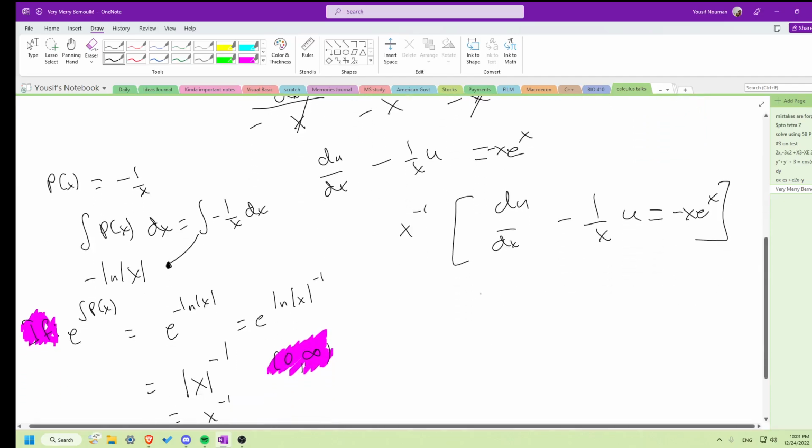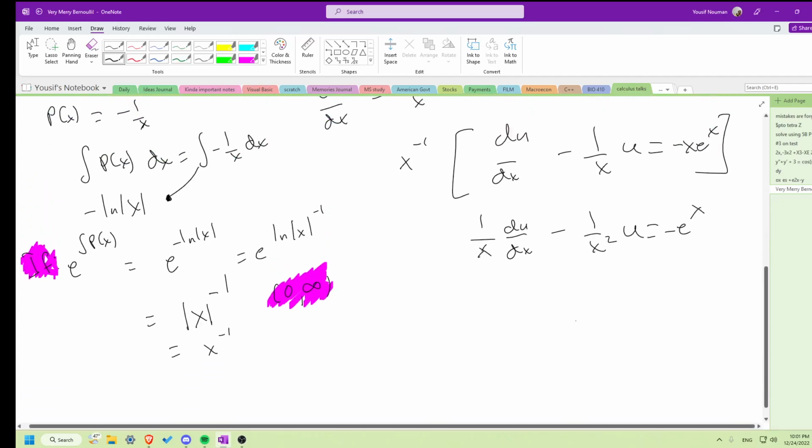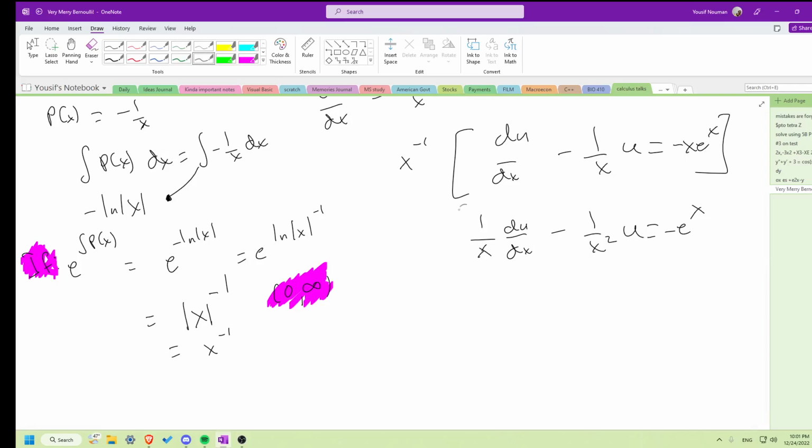We're going to get 1 over x du/dx minus 1 over x squared u is equal to negative e to the x. It should be quite simple to see that what we have over here is the product rule.